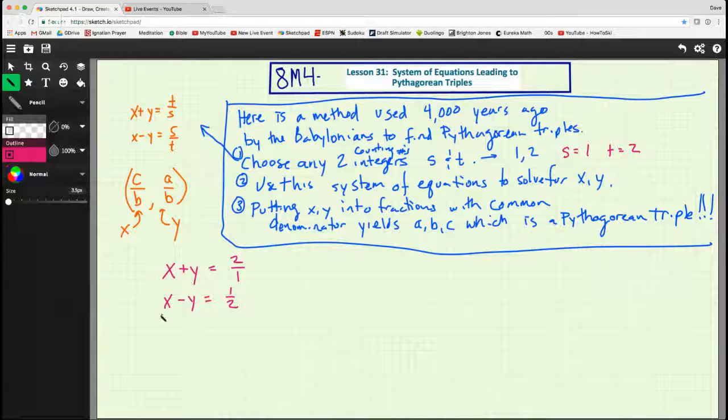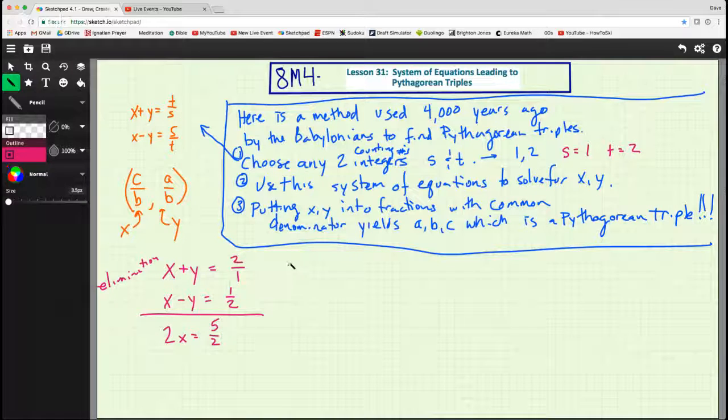Okay, so now we're going to add down, because this form will always work. Elimination will always be the key, the first step that you're going to want to do when you're using this method that the Babylonians used 4,000 years ago. Because if we just add down, we eliminate our Y. So we get 2x equals 5/2.